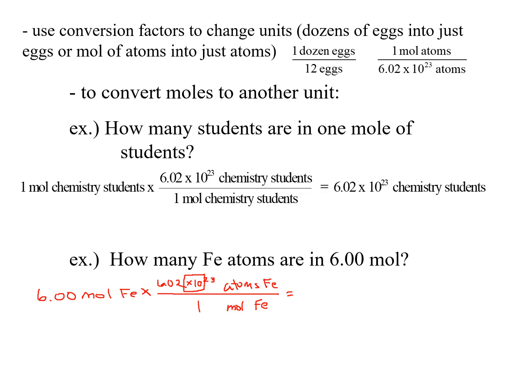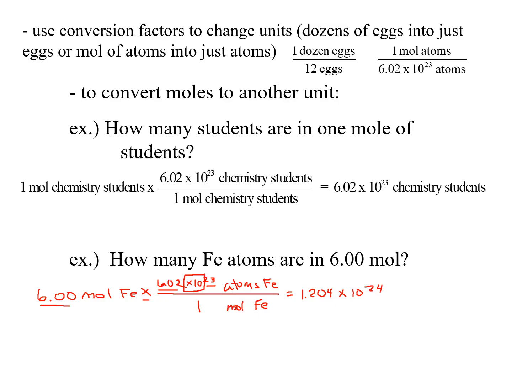So when you type this in, you would type in 6 times 6.02, then hit that special button, whatever that special button is, and then 23. When you're done, you should get this as your answer.